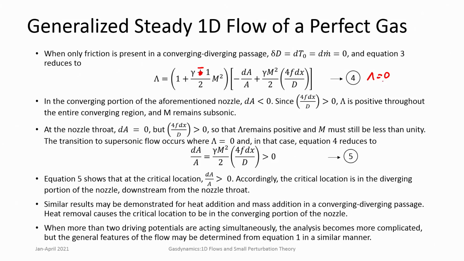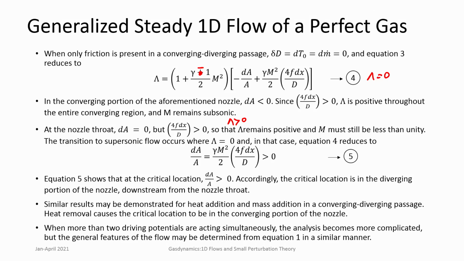If you get the minimum point, dA equal to 0, that is at the throat, but still if you consider friction, 4f dx by d is greater than 0. So lambda remains positive. So the Mach number should still be subsonic.